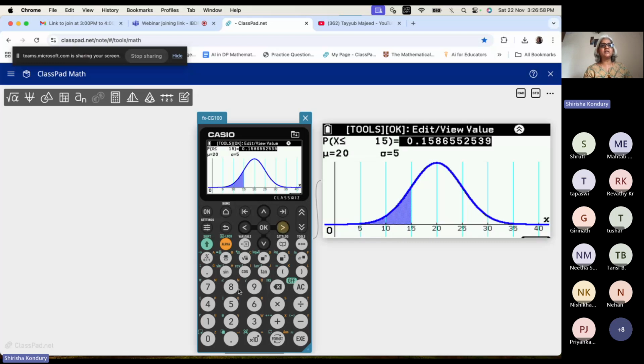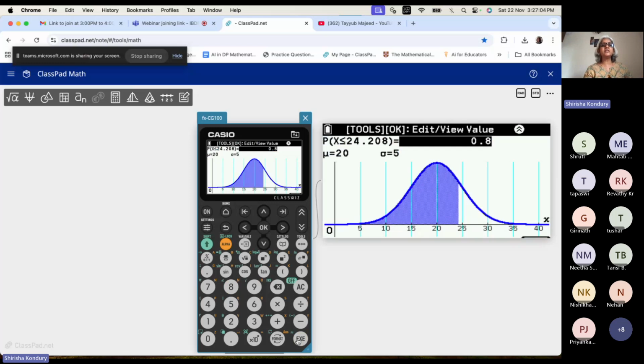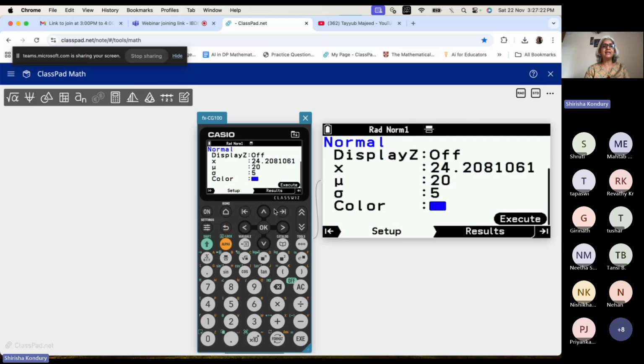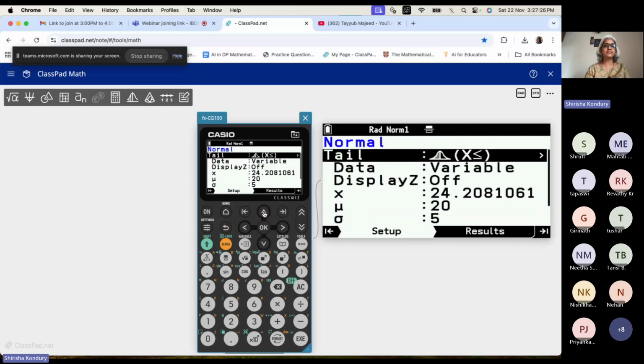Now, if I want to change this to 0.80, then it is going to change the x value accordingly. This is how we do inverse norm when we wish to find out, for a given probability, what is the boundary above or below which. Again, like binomial, you can set the tail in whichever direction you want: greater, less than, or in between.